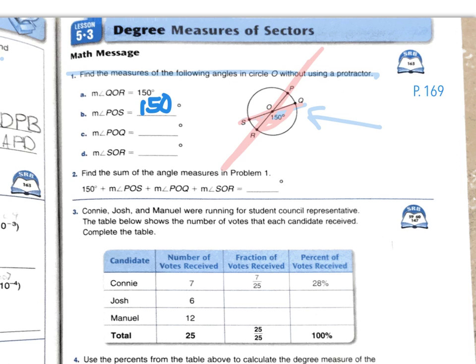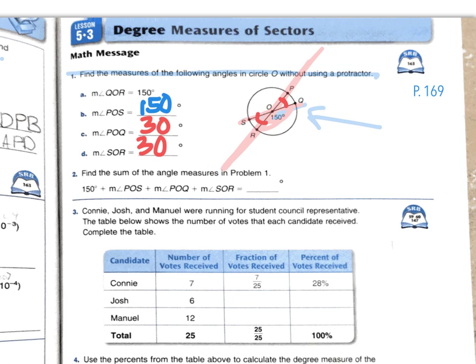They've told us that. So that means the other part has to add up to 180 degrees. So we are left then with an answer of 30 degrees. And if this angle, POQ, is 30 degrees, the vertical angle, SOR, will also be 30 degrees.